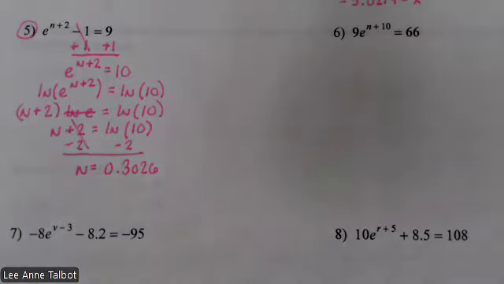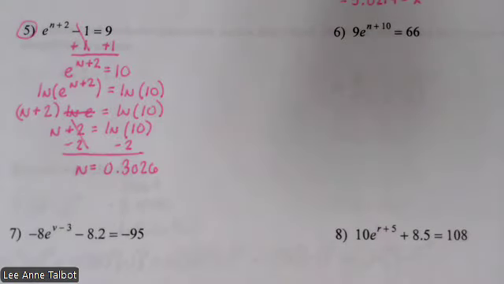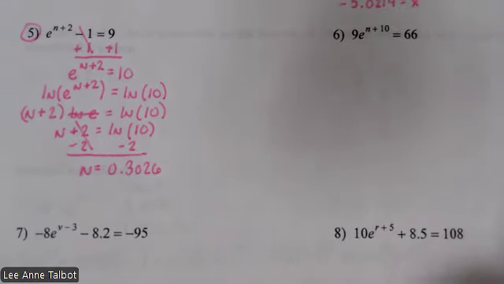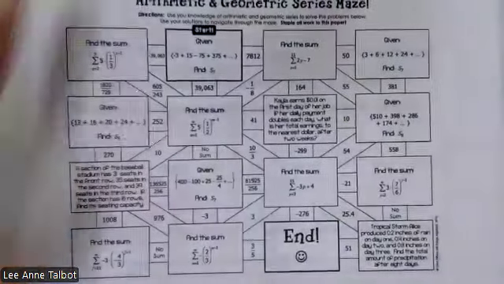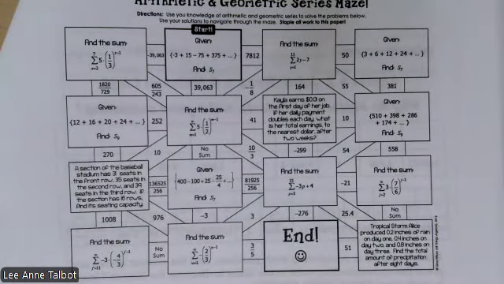Okay. Can you guys flip your packet page over, please? Just flip your packet over. This maze is a combination of arithmetics and geometrics. All kinds of different stuff in here.